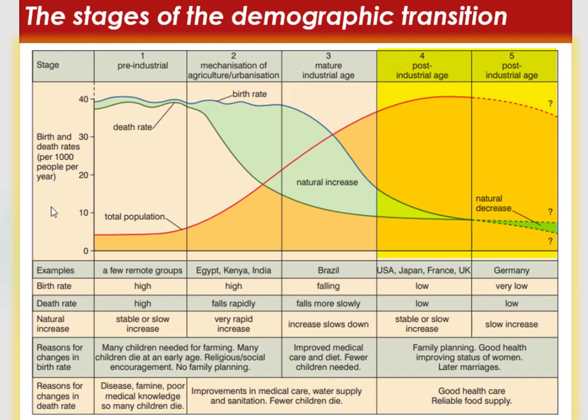Most developed countries are in one of these two final stages of demographic transition, whereas developing countries are still in one of the two middle stages. As a result, most of the population growth is occurring in developing countries.